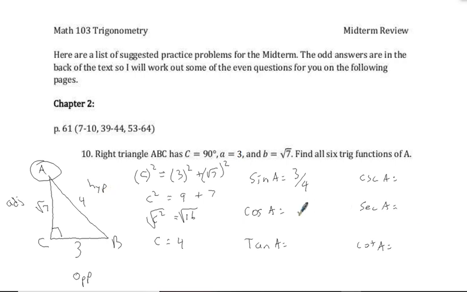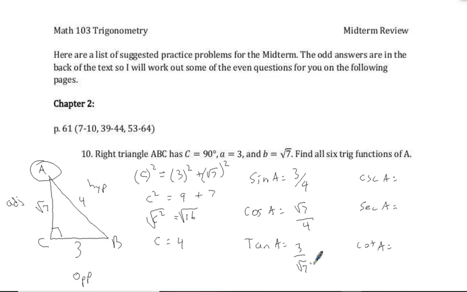The cosine now is the adjacent over the hypotenuse, or the square root of 7 over 4. And the tangent is what we get when we divide sine by cosine. Since the denominators are the same, they will divide out, and we will get the tangent to be 3 over the square root of 7.